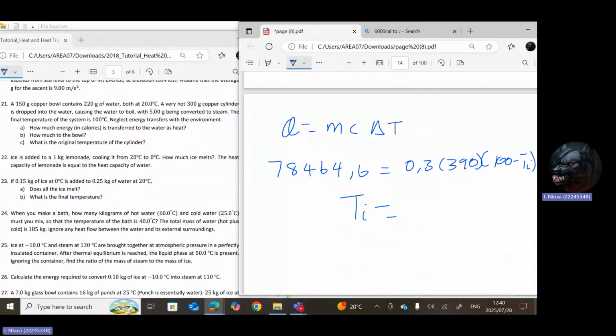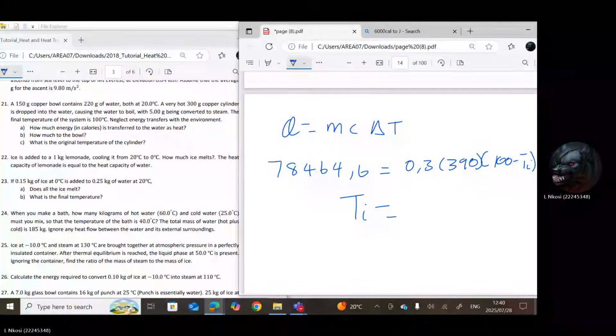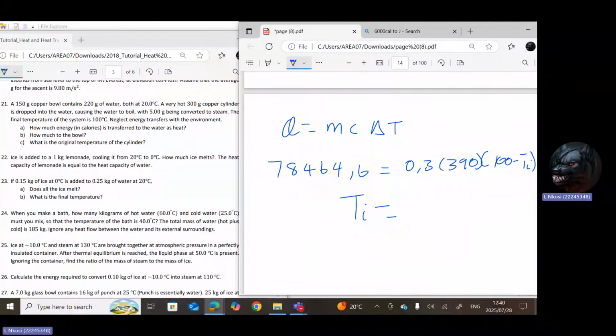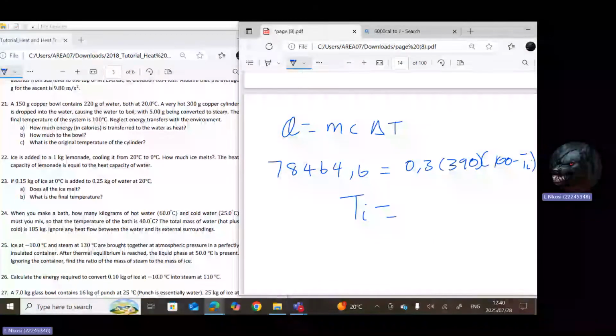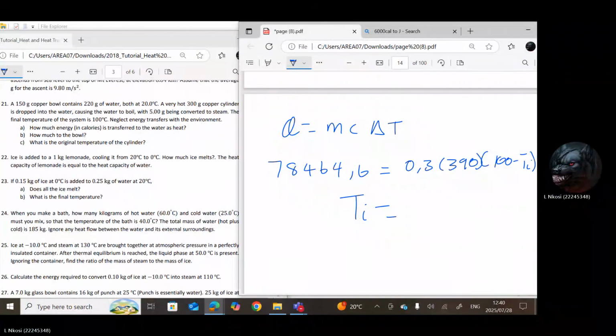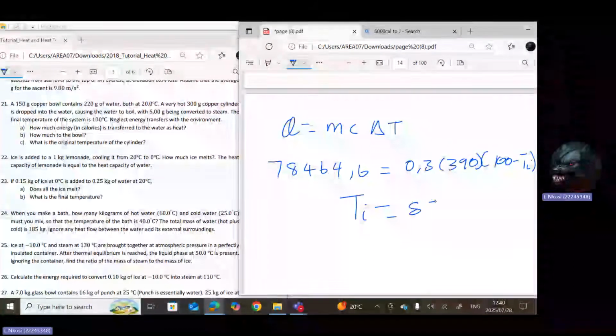And then minus 100. So what you're going to get is 578.